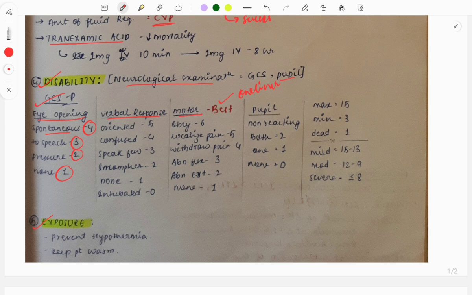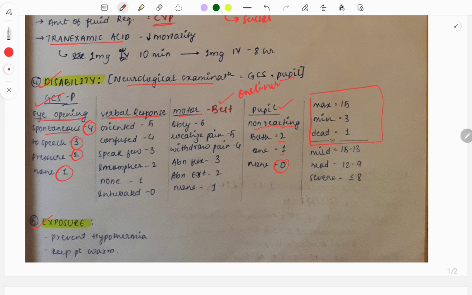And if we add pupil in it, then it will be GCS-P. So the marking for the pupil is like, if both are non-reacting, then 2 marks. If one is non-reacting, 1 mark, and if both are reacting, then 0. So this is the total score.